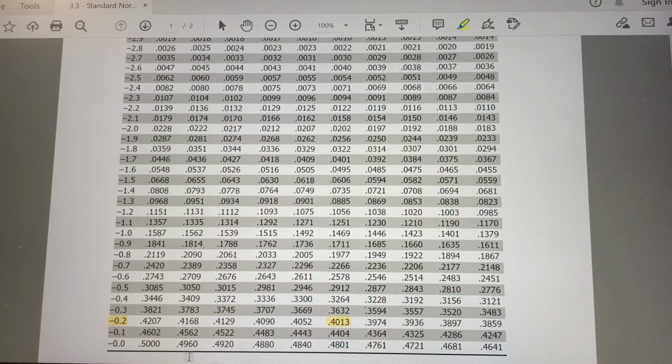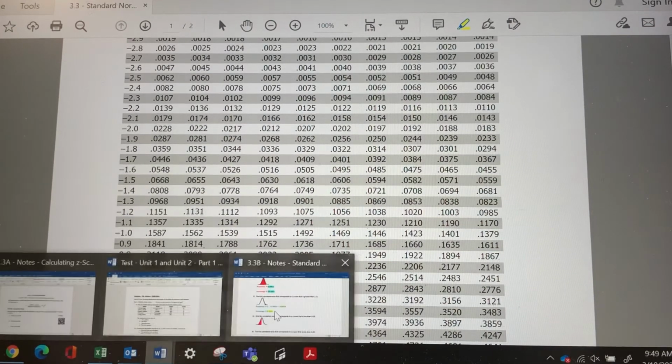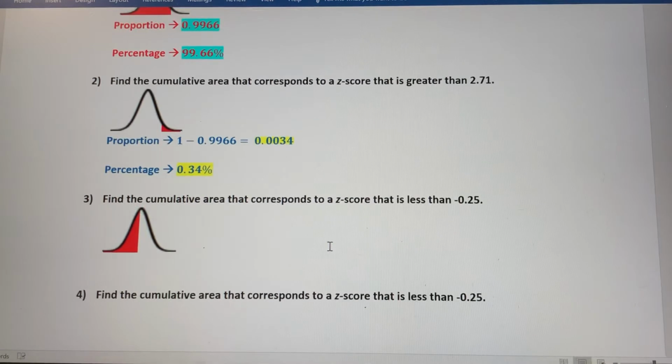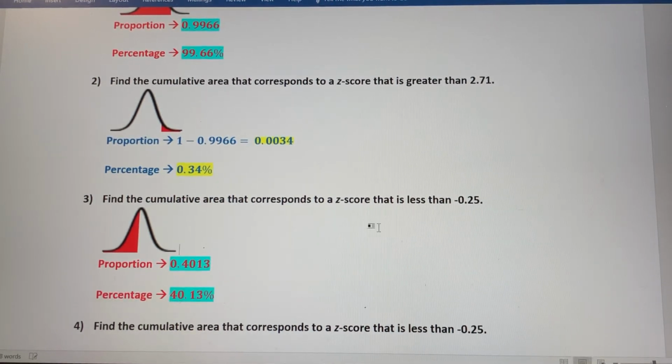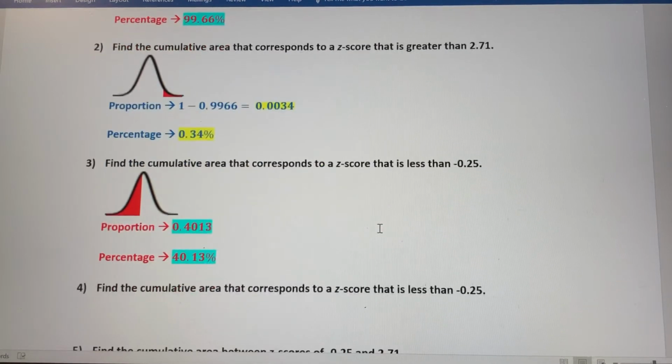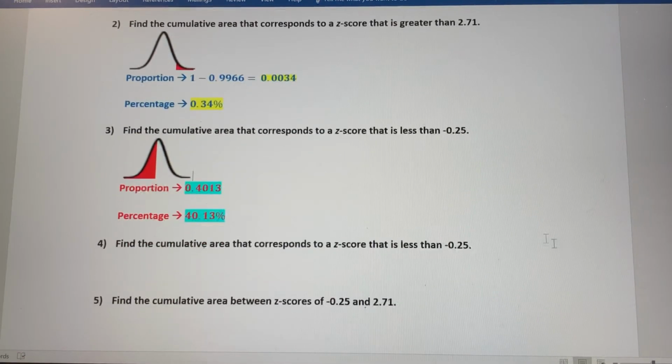So let's go back to our document here. Our proportion should be 0.4013. Again, we said it would be a little less than half, and it's actually 40.13%. Now the cumulative area that's greater than that z-score of negative 0.25.